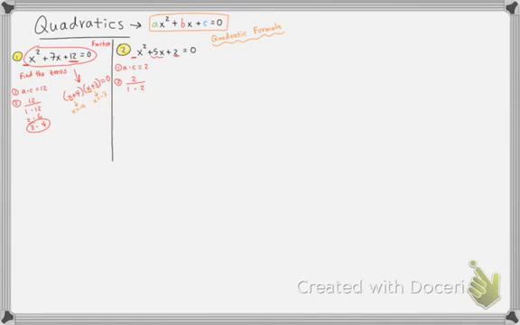So to find your x values, you're going to take negative your b value plus minus. I'll talk about what that means when we get to an example.